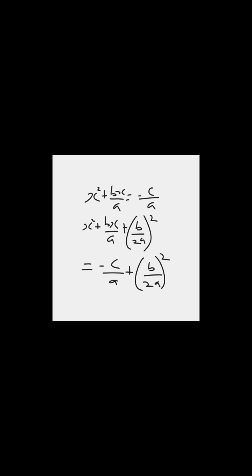So now you add plus, then you have in brackets b over 2a all squared. Now you've arrived at the next step of this particular breakdown.